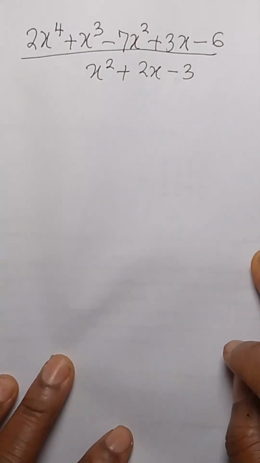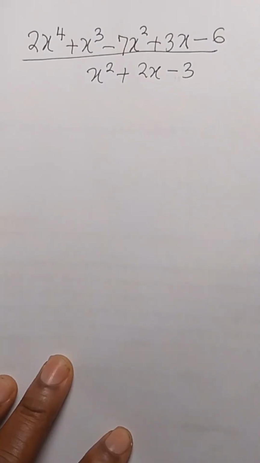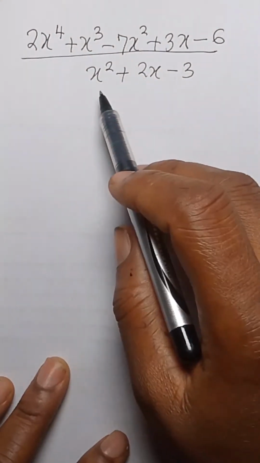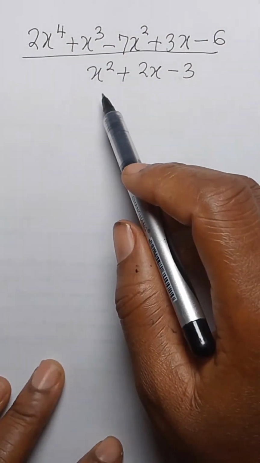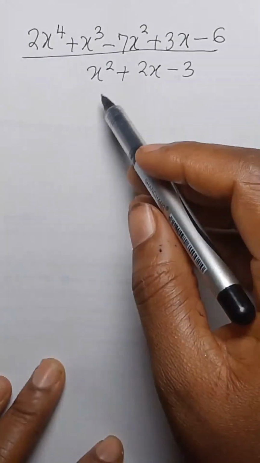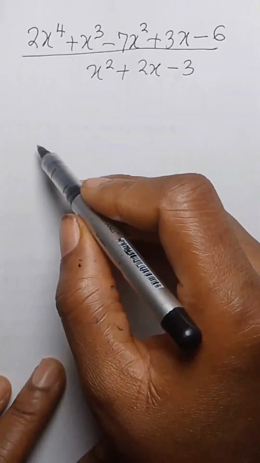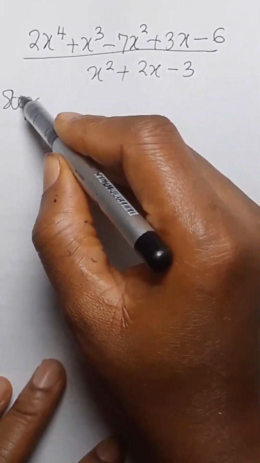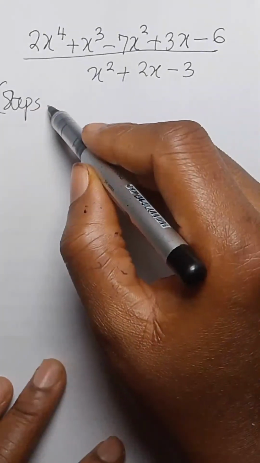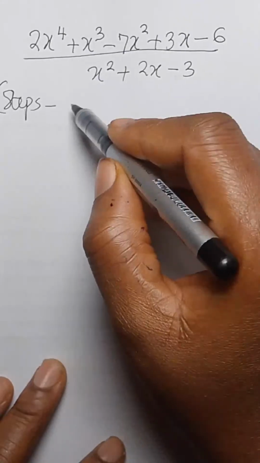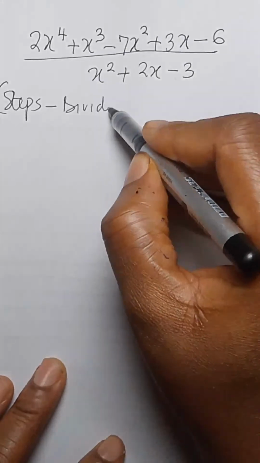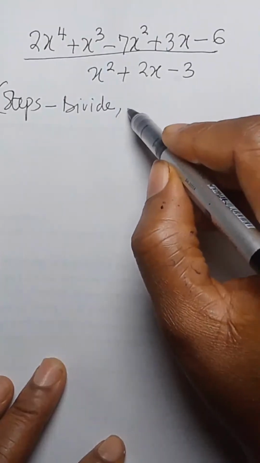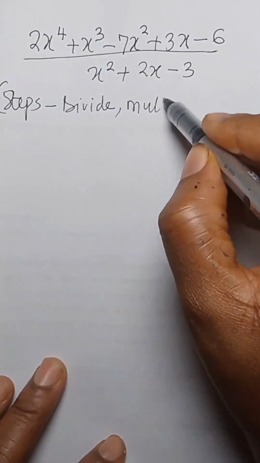Like I told you, when you're doing a polynomial long division, you use these steps. I have to repeat the steps so that if you're joining, you will now know where we are heading to. First of all, you divide. Secondly, you multiply.